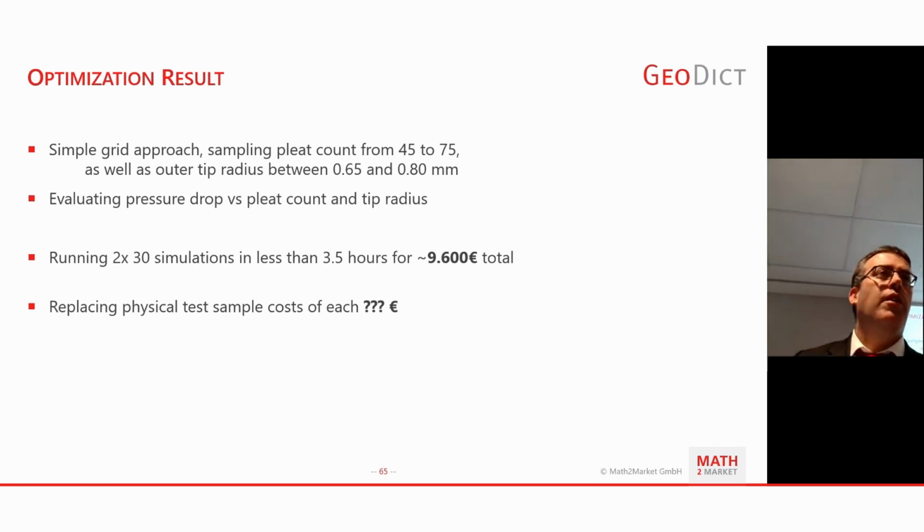You can also say, okay, pick half of that. But we have done 60 simulations in 2 runs, which can be done sequentially, without needing human interaction in between, in less than 3.5 hours for less than 10,000 euros, replacing physical test samples, of, well, what would be the cost of that?